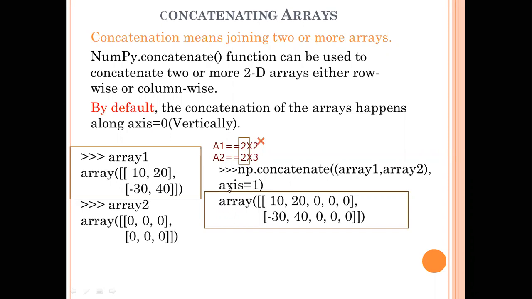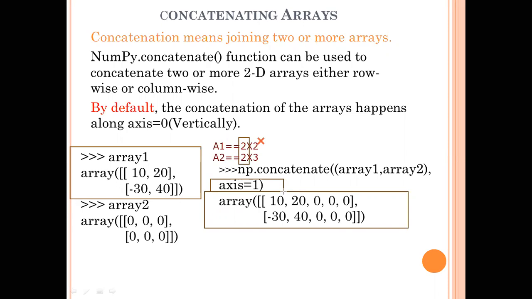Then the main thing is axis equals to 1. If we write axis equals to 1, it means it concatenates horizontally. If we write axis equals to 0, it means perform the operation vertically. It means it will be added at the end of the other array.